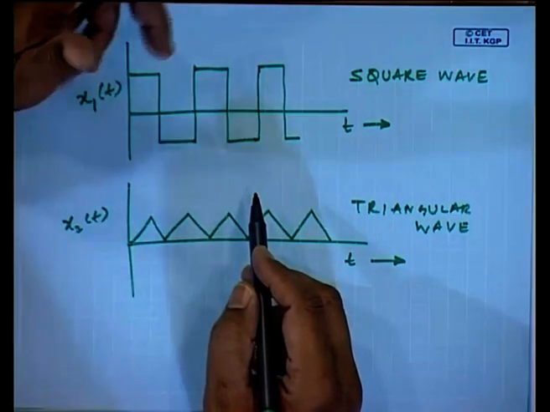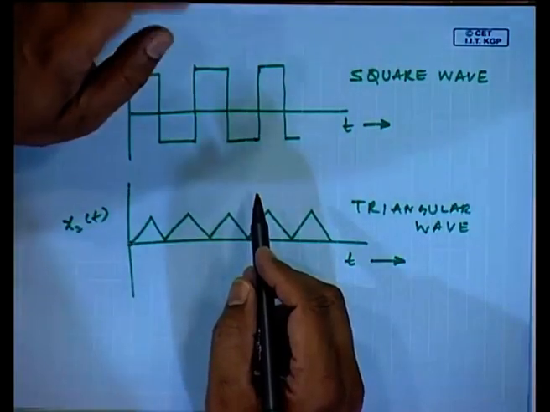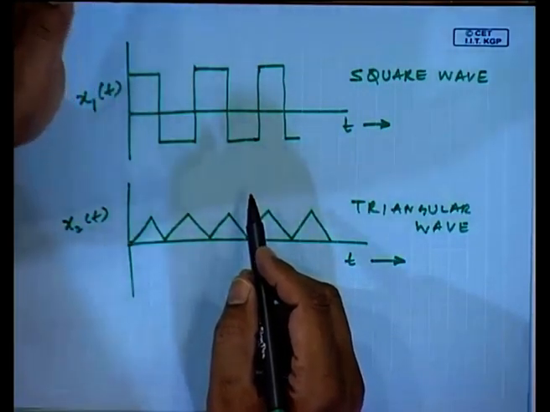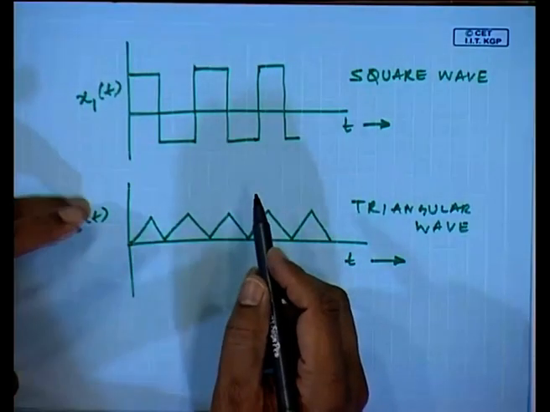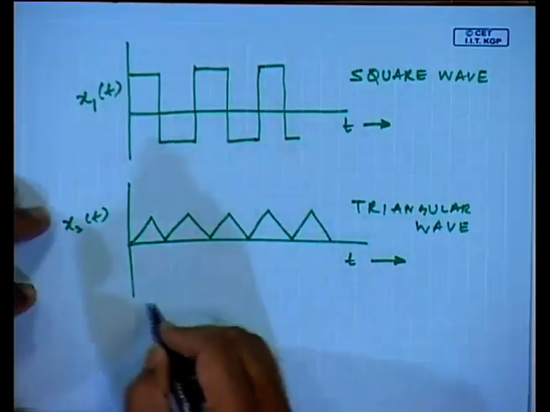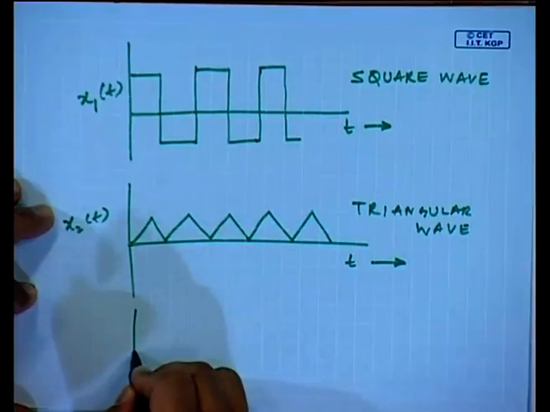So, if I say my function is periodic and it has one frequency, I can always draw a sine wave, then why should I draw a square wave? A square wave also has other frequencies, other harmonics other than the fundamental. The same is true for the triangular wave, and for the other case which I am drawing here, the sawtooth.